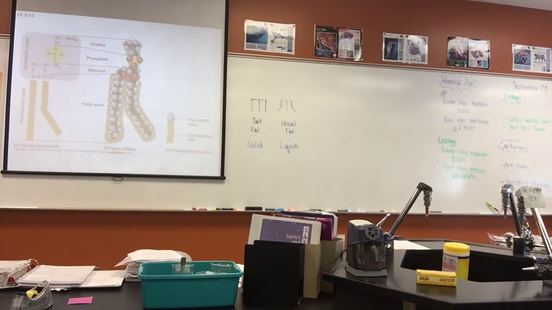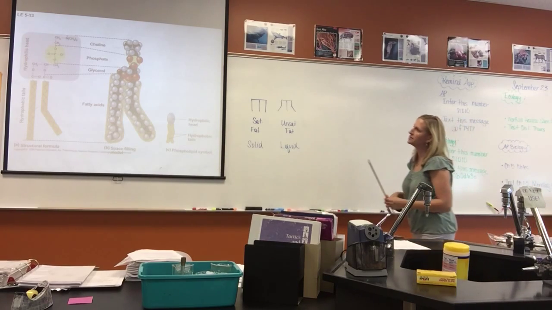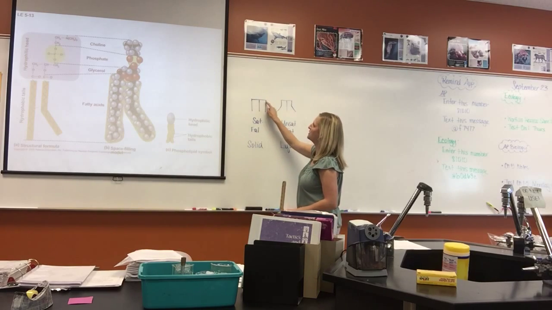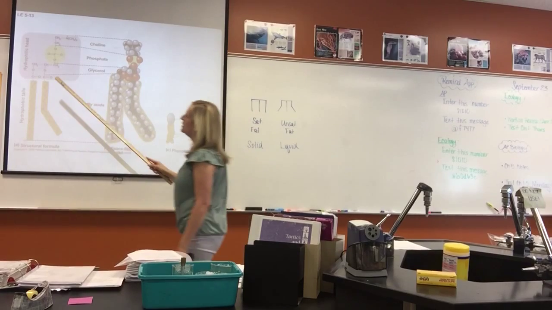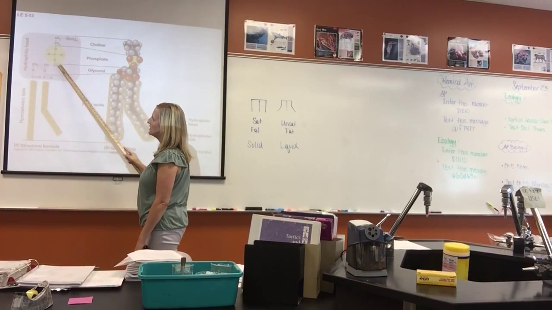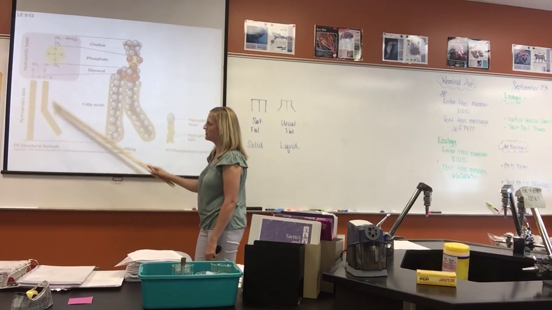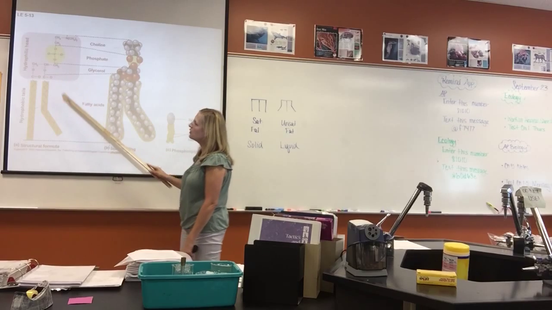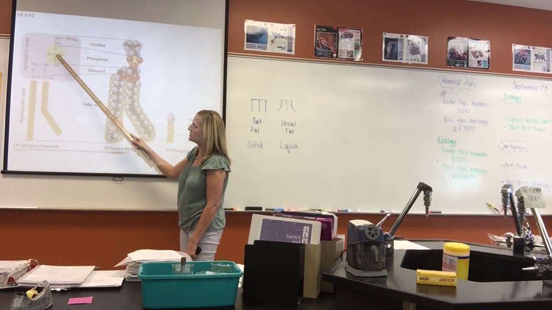So let's look at this picture here to help explain that. The triglyceride had the glycerol with 3 fatty acids coming off of it. So the phospholipid has the glycerol, here's the glycerol, and 2 fatty acid chains. So these are your fatty acid chains coming off of here. Instead of a 3rd fatty acid chain, look at here, there's a phosphate group attached to it, all right?